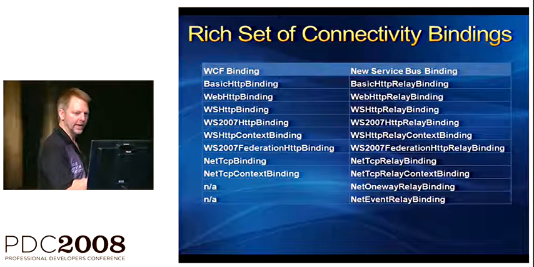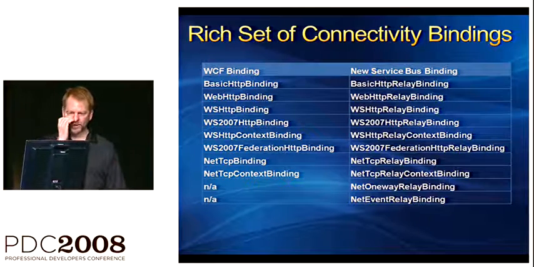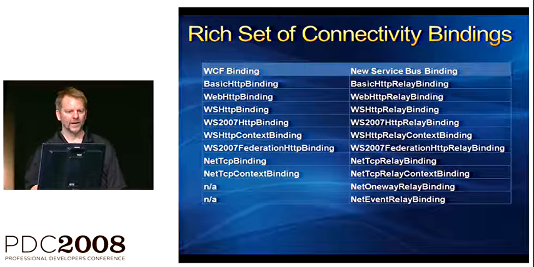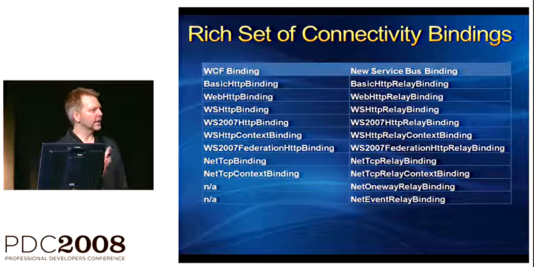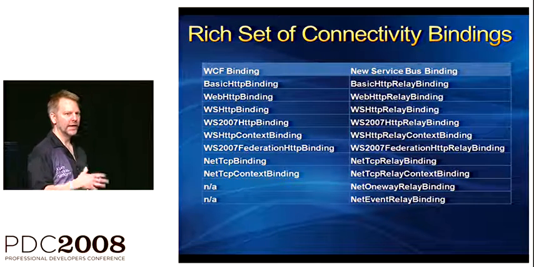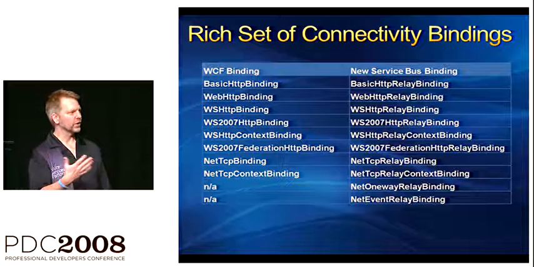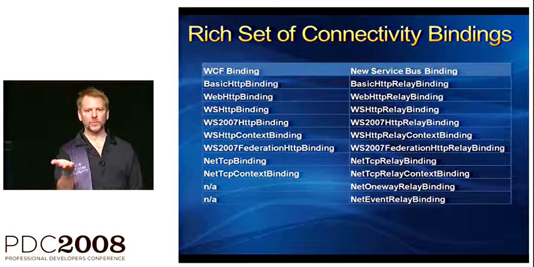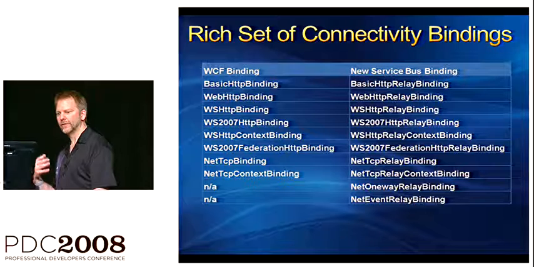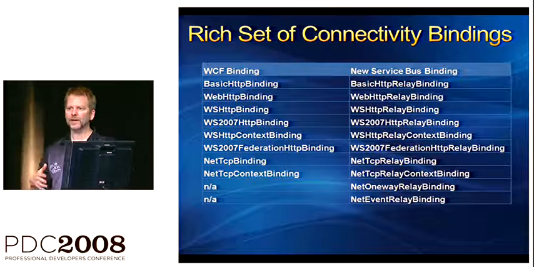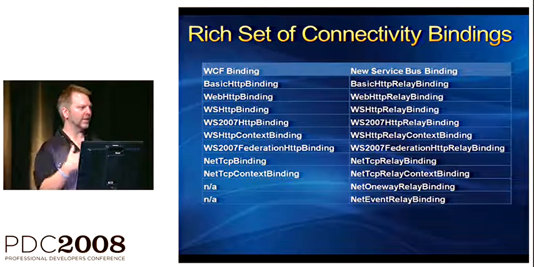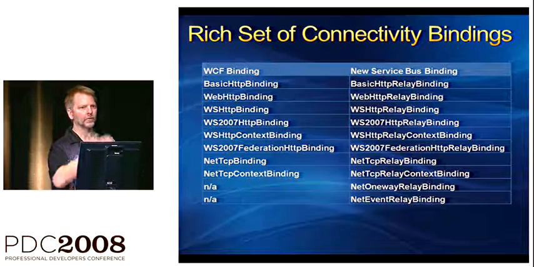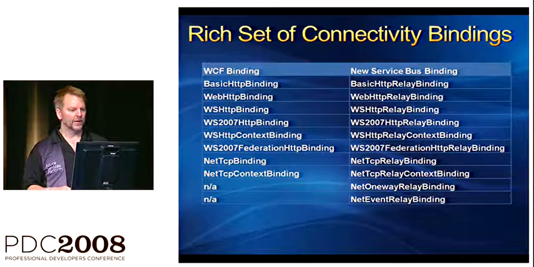If you're familiar with WCF, I'll just spend 1 second on this. If not, don't worry about it. We've got a lot of different kinds of bindings in WCF that allow you to control the nature of the communication that goes on between the endpoints in your application. So we have, for example, basic HTTP binding, which is the equivalent of the classic web browser GET capability.